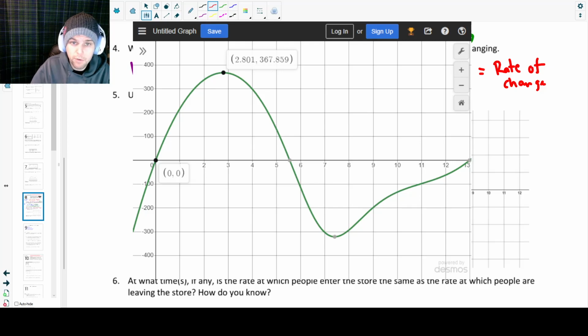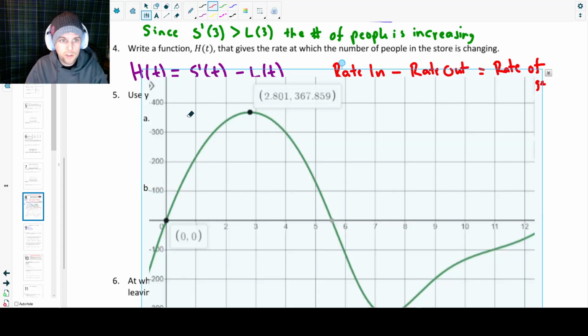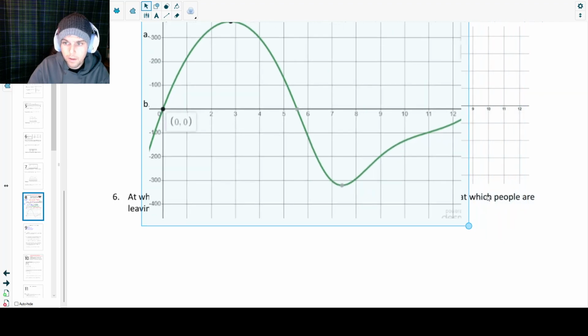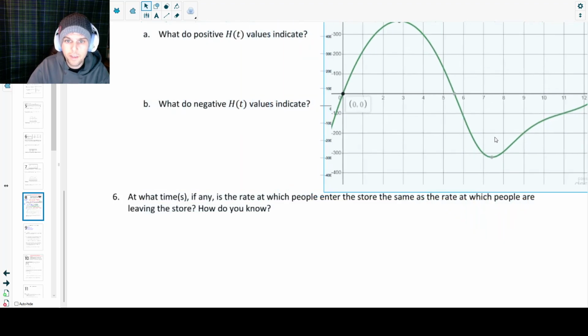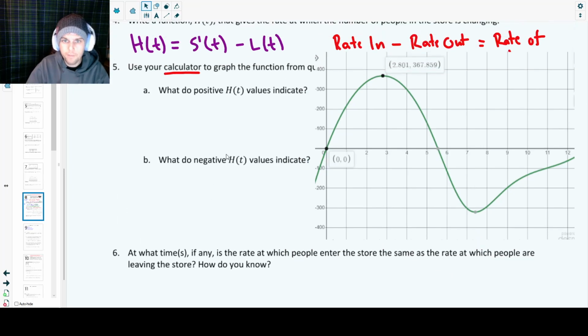Now let me go ahead and get rid of our Desmos window and go back here. So I will go ahead and bring this picture in, resize this a little bit so that it fits where it needs to go here. Okay. All right. So here's our nice function. We can now start to answer some of these questions about it.